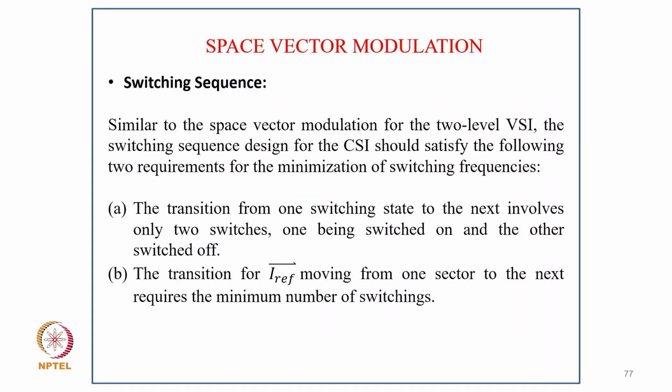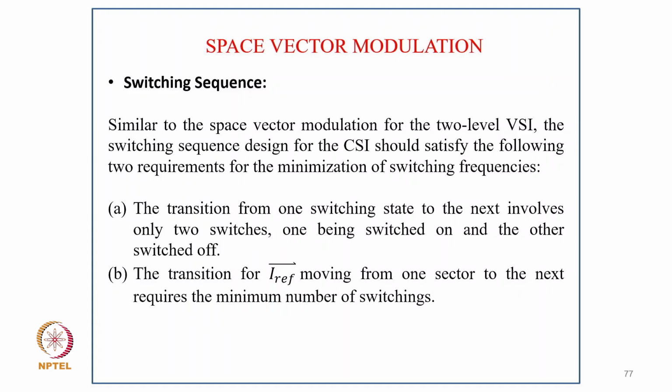So coming to the switching sequence, similar to the space vector modulation for the 2-level VSI, the switching sequence design for the current source inverter should satisfy the following 2 requirements for the minimization of switching frequency. A, the transition from one switching state to the next involves only 2 switches, one being switched on and another switched off.